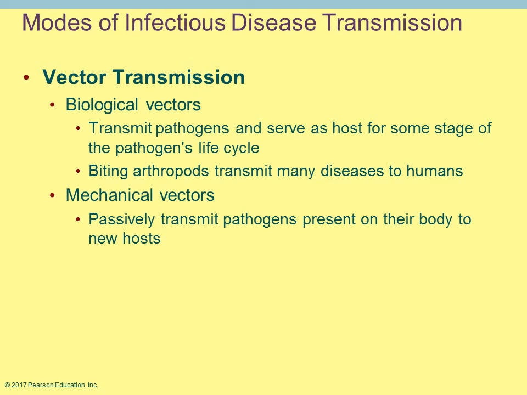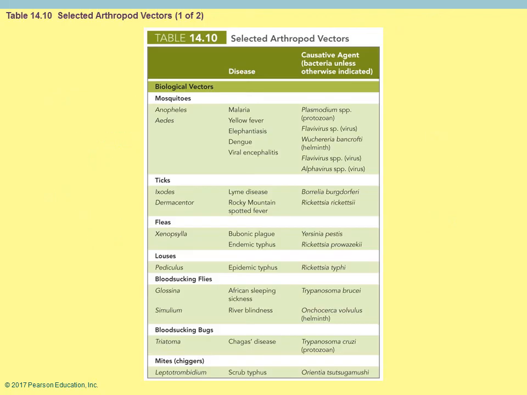So you have the pathogen in one host, and then say you have a mosquito that's going to bite that host, it gains the pathogen, and then when it goes to another host and bites the second host, it can transmit the pathogen that way. Sometimes for mechanical vectors, it's not that the insect or the bug bites you, it may just, if they have the organism on them and then they touch you, then it can be transmitted.